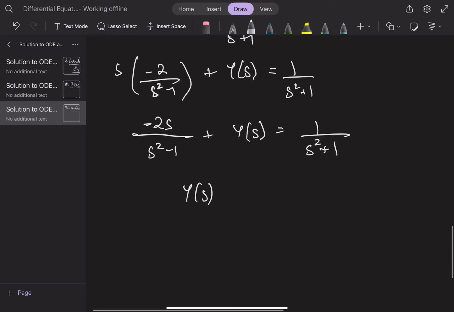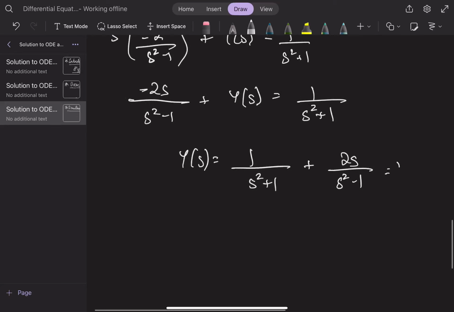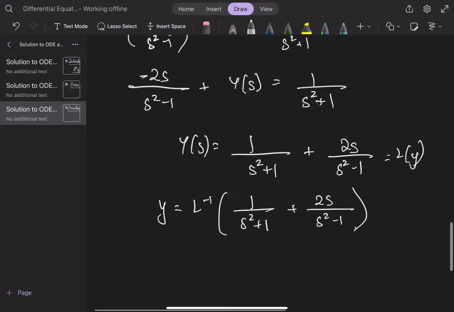So Y(s) becomes 1 upon s square plus 1 plus 2s upon s square minus 1. So this is Laplace of y. So y is Laplace inverse of 1 upon s square plus 1 plus 2s upon s square minus 1.